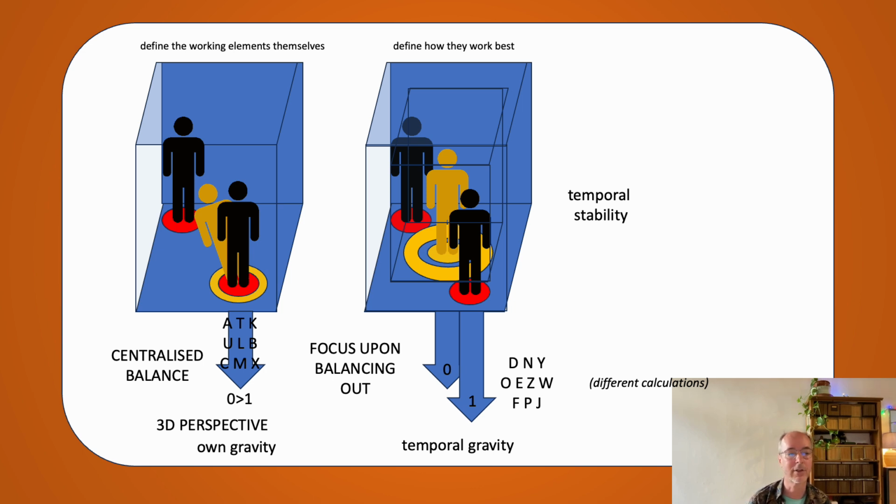So here the focus is on balancing out, and all these letters that are connected with it follow this idea. And what we have, we no longer follow our own gravity, but we follow a new point of gravity, which is the temporal gravity, where the balance is put back to a certain order, where actually it doesn't hurt anymore, it doesn't matter anymore, we have something to work with.